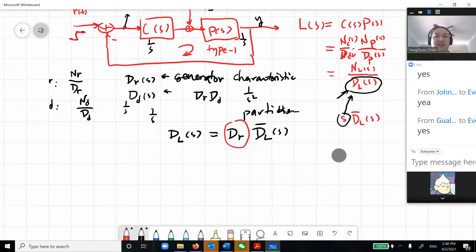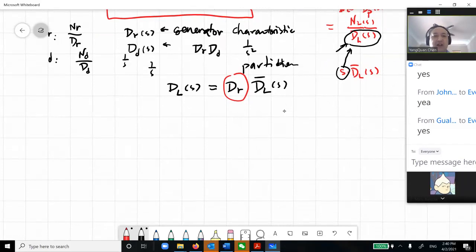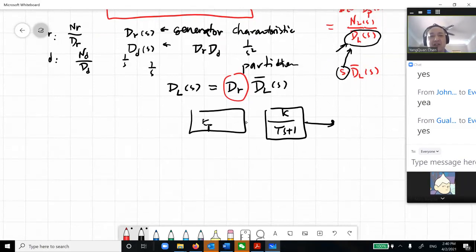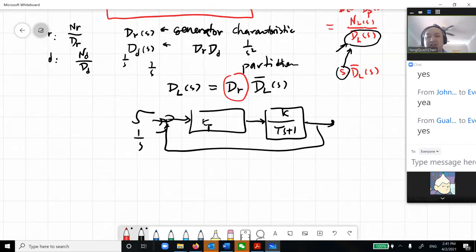So let me give you an example. Say you have a system that is type 0 in here. So you put a KP in here. Then this is a step, so you have 1 over S. In this case, your dr is s.